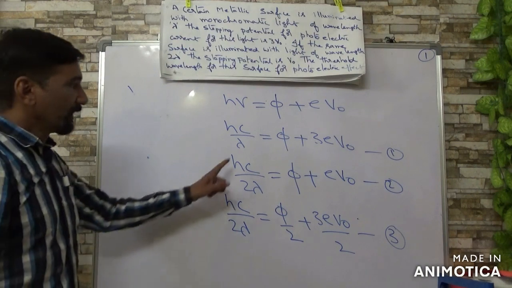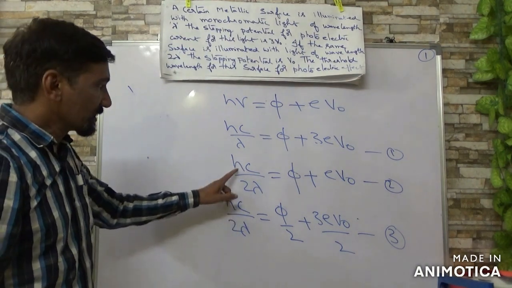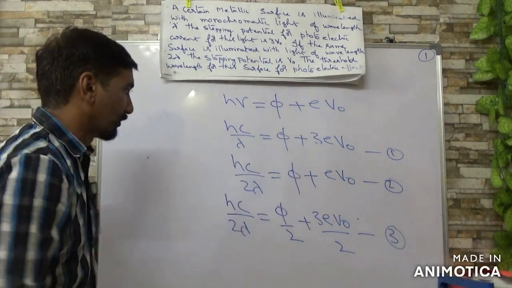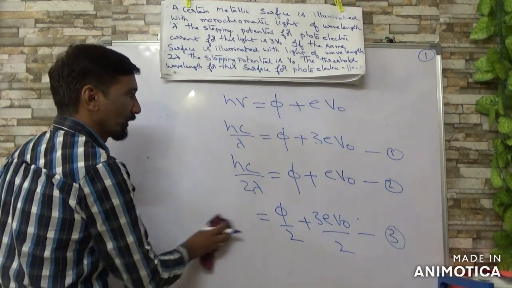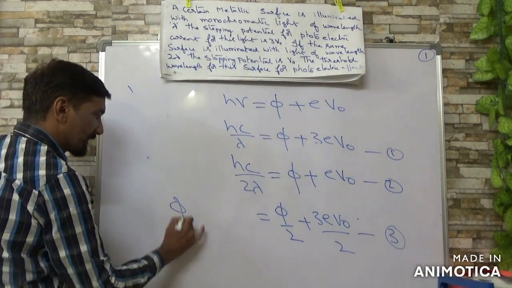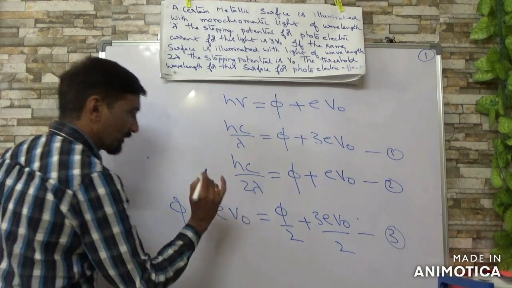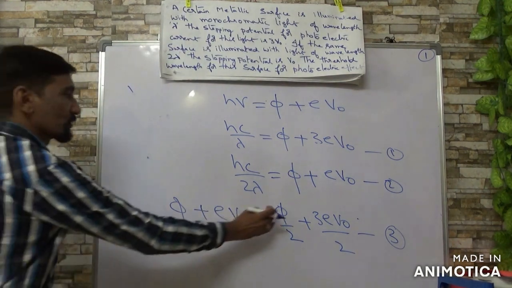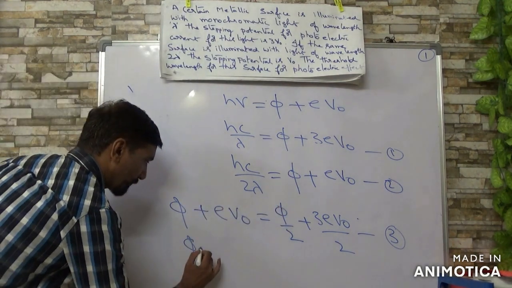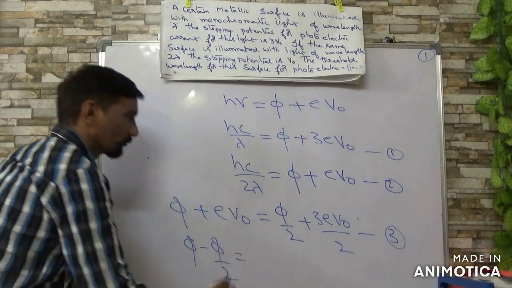Now hc by 2 lambda is actually work function plus eV naught. So instead of this, you can write work function plus eV naught. Take this to the other side: work function minus work function by 2.